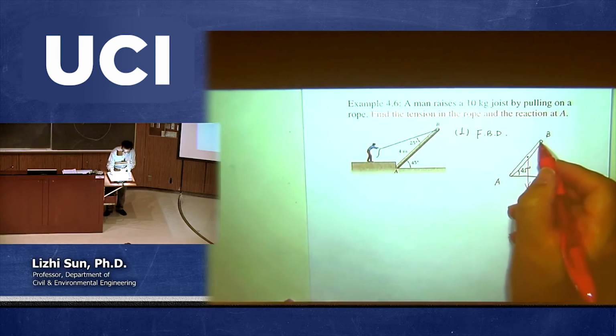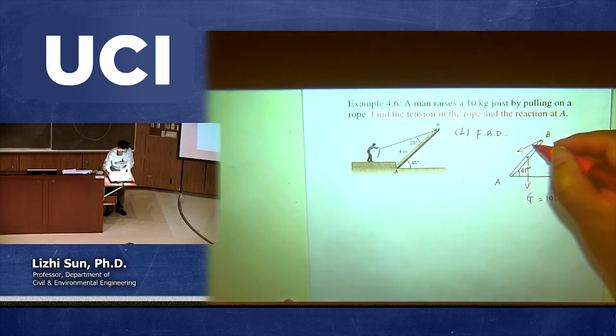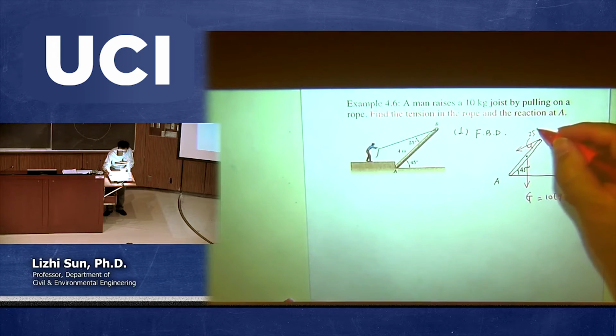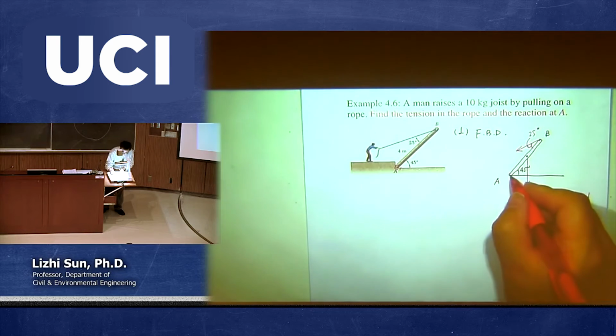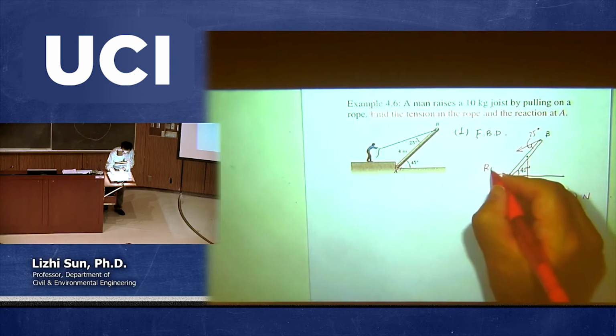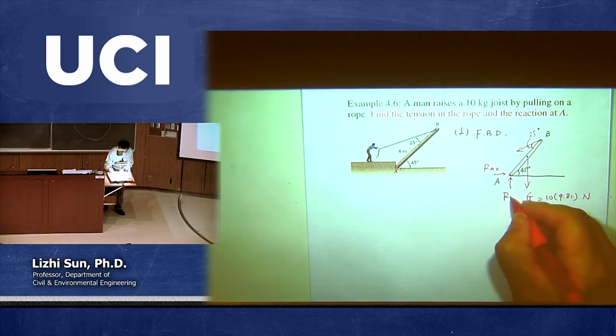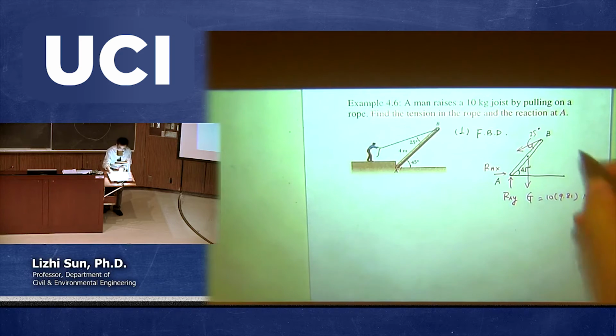Second, at point B, there is a force with an angle of 25 degrees here. Finally, at point A, there's a reaction, and the reaction should give you two forces. This one, let's call RAX, and this one, I call RAY. These are two unknown forces. So this is what we call the free body diagram.